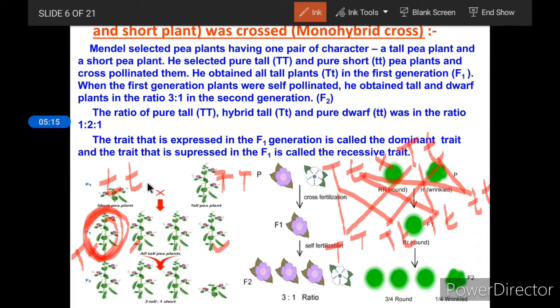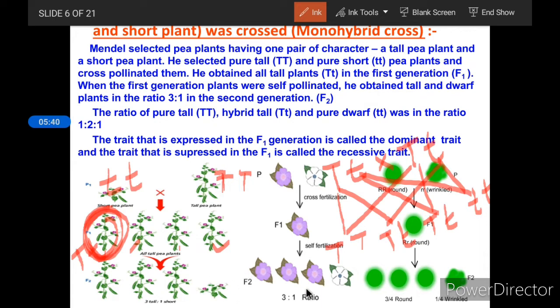So when a pure short plant is crossed with a pure tall plant, he got all tall plants in the F1 generation. One was selected and self-pollinated, and you can see here he got a result of 3 tall plants and 1 short plant.